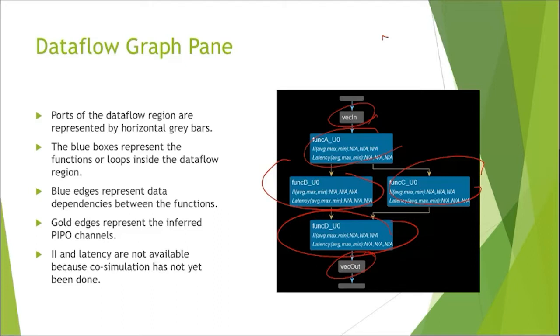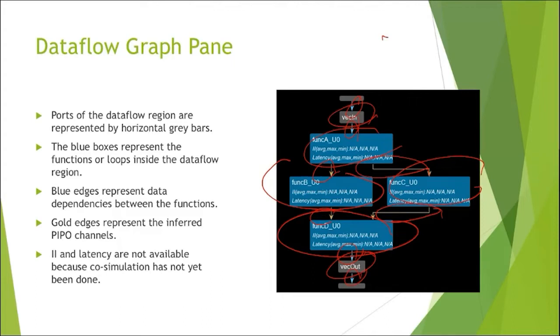Also, the blue edges, which are here and here and here, represent the data dependencies between the functions. And lastly, the gold edges, which is here, are the inferred FIFO or PIPO channels.